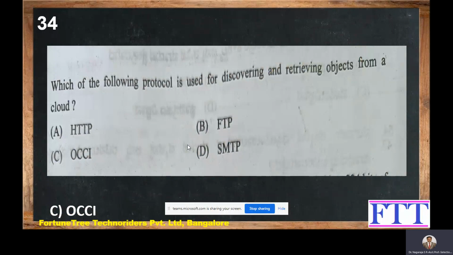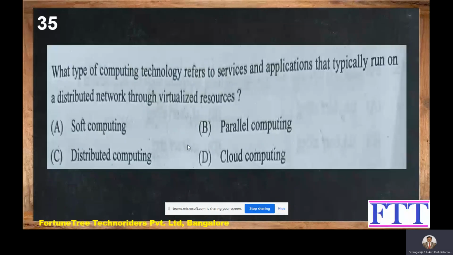What type of computing technology refers to services and applications that typically run on distributed networks through virtualized resources? Option A, soft computing. Option B, parallel computing. Option C, distributed computing. Option D, cloud computing. Right answer is option D, cloud computing.